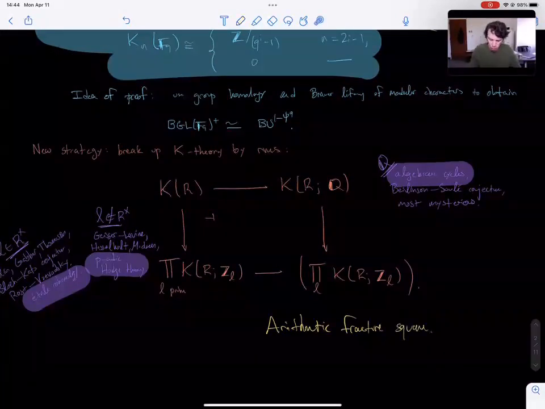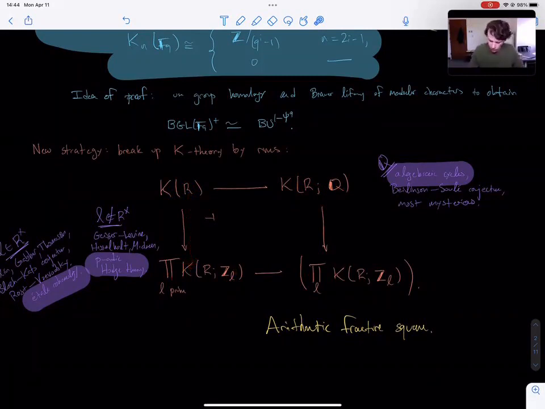It says that there's a pullback square from the K theory of R with Q coefficients. This means the rationalization of the spectrum, and the homotopy groups are just given by the rationalizations of the homotopy groups of K theory. And then down here, I get the product of the l-adic completions for all primes.